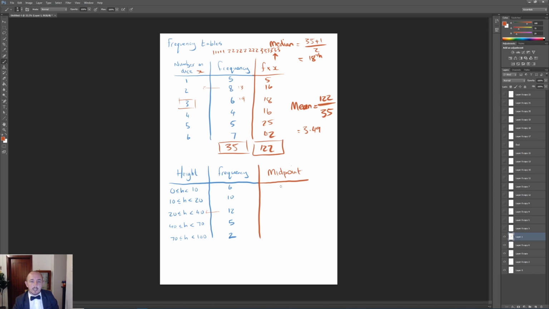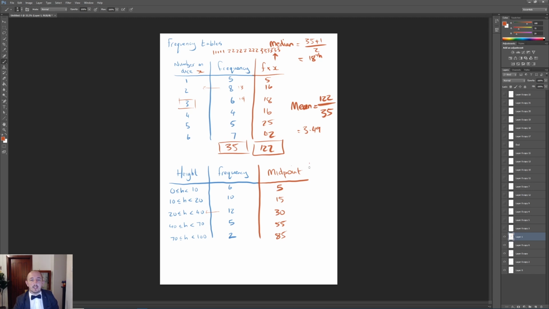So we have to check with these because sometimes they're a little bit sneaky, like 0 to 10, 10 to 20, and we think, all right, it's going up in tens, but then we've got 20 to 40. So always check each of these. 40 to 70, so that's going to be 55, and 70 to 100 is going to be 85.